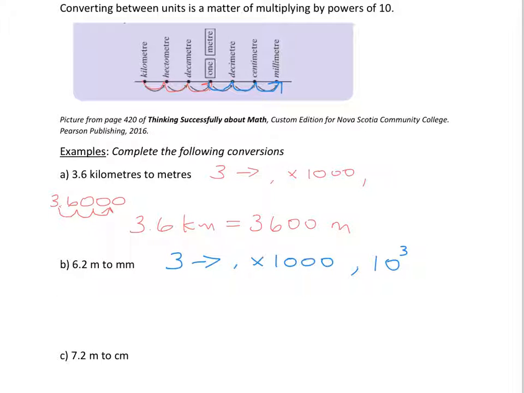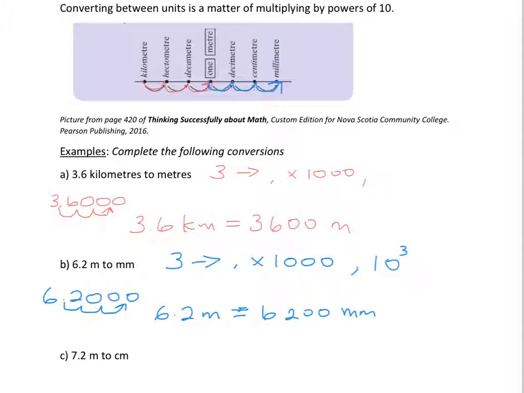That exponent of 3 on the 10 is important because it shows how many spaces we're moving over the decimal place. So again, write out your number. If you're multiplying, add some zeros to the right, and then move this decimal place over that many spaces, and that tells you the new space for your decimal place. So 6.2 meters is equal to 6,200 millimeters.